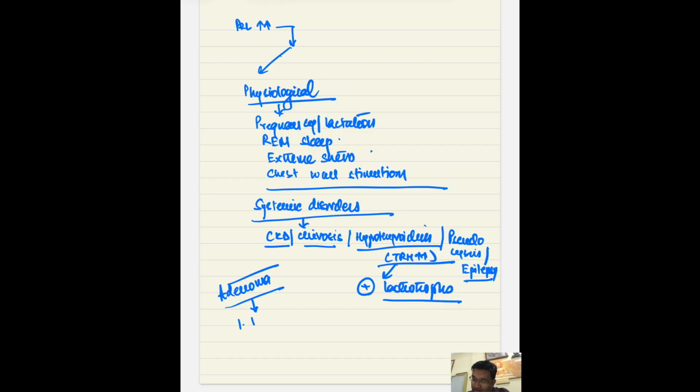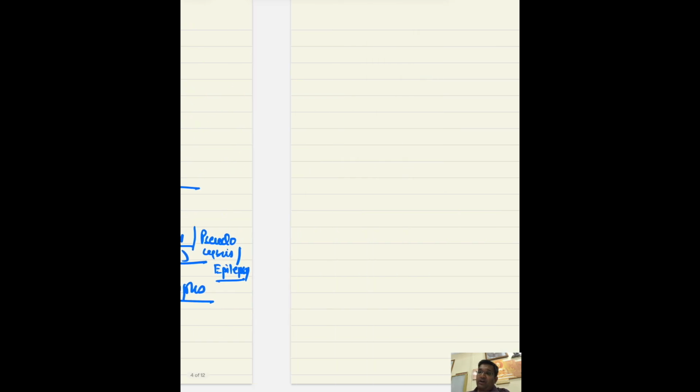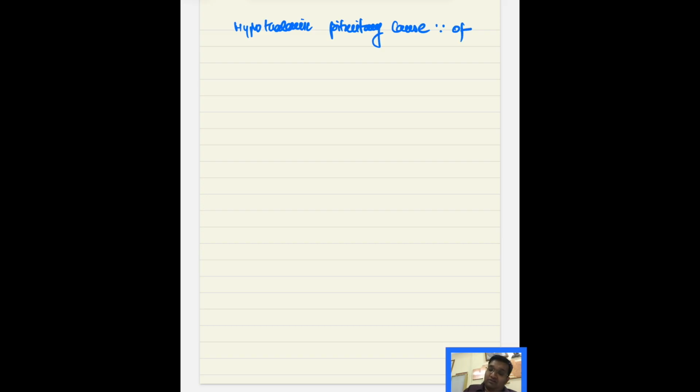That can be prolactinoma and acromegaly. And next, the very important part comes, which is stalk effect or interruption.